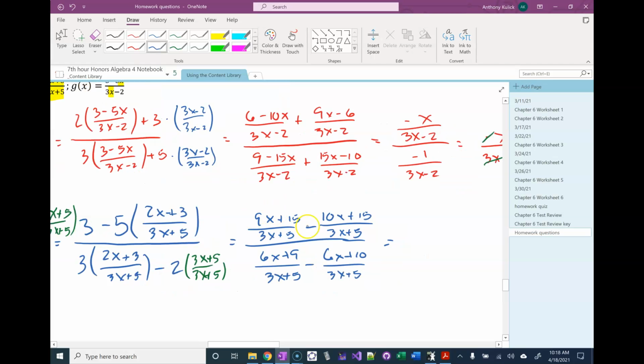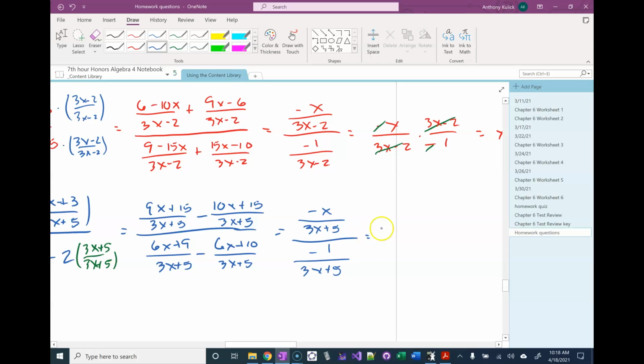So 9x minus 10x is negative x. And 15 minus 15 is 0. And then 6x minus 6x is 0. And 9 minus 10 is negative 1. And over 3x plus 5.